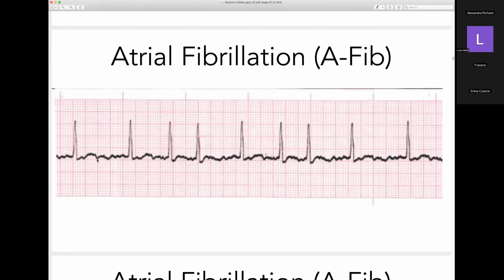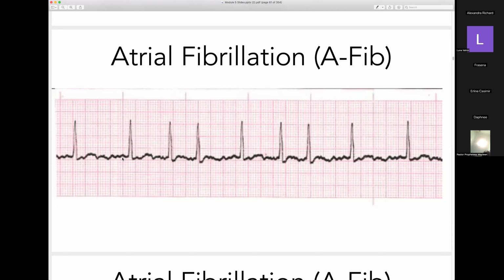So we learned about atrial fibrillation. There are no discernible P waves here. Actually, these scribbles that you see are fibrillatory waves, and these are very chaotic and unorganized in appearance. And so also this is not regular because the QRSs, their distance from each other, it varies, right?